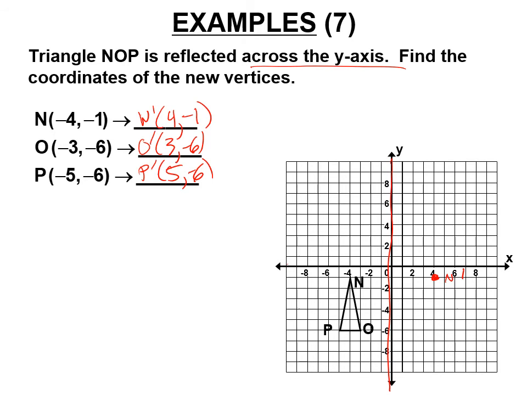That's N'. And O is going to (3, -6), and that is right there. That is our O'. Notice we're flipping things, and then P' is right there at (5, -6). And you have to label O' and P' especially, because if you don't, we won't know if you did a translation or a reflection.